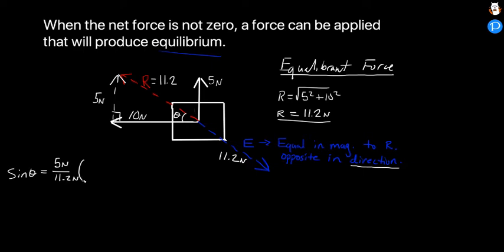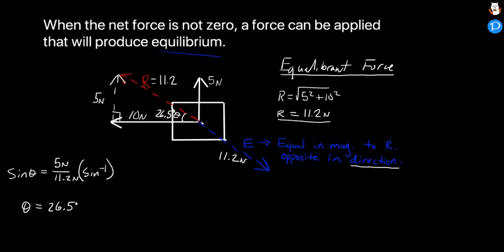That means I just have to take the inverse sine of 5 over 11.2. Let me do that in my calculator right now. So 5 divided by 11.2, inverse sine, and we get angle theta is equal to 26.5 degrees. So this right here is 26.5 degrees.